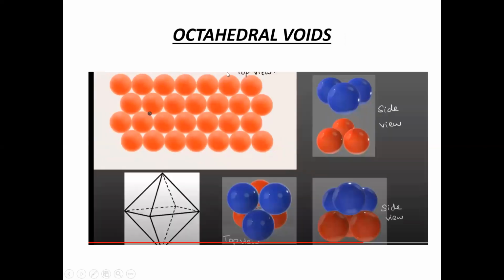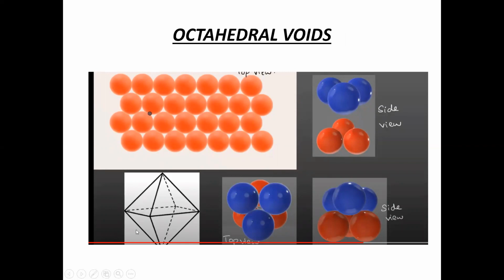Next one is the octahedral voids. This is the first layer. Afterwards we keep the second layer like this, and we get the structure like this. Then we connect the centers of the atoms and we get the octahedral structure.